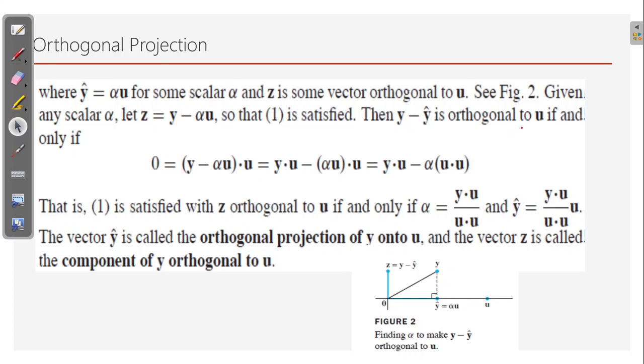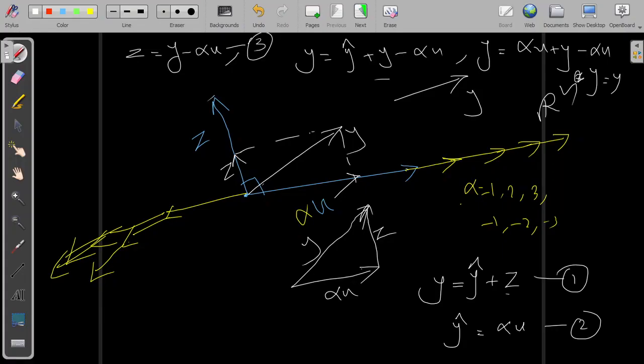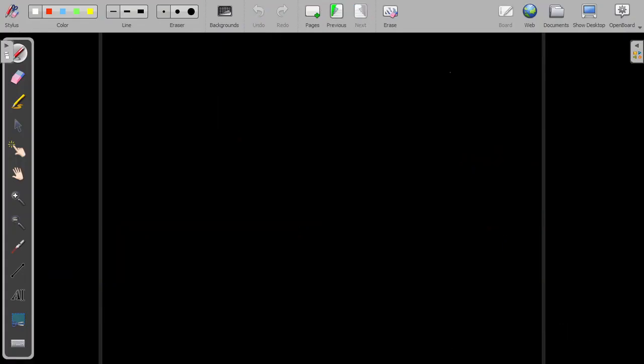So you can say y minus y cap is orthogonal to alpha u or u if and only if its inner product, that is y minus y cap, that is y minus alpha u, inner product with u equals 0.